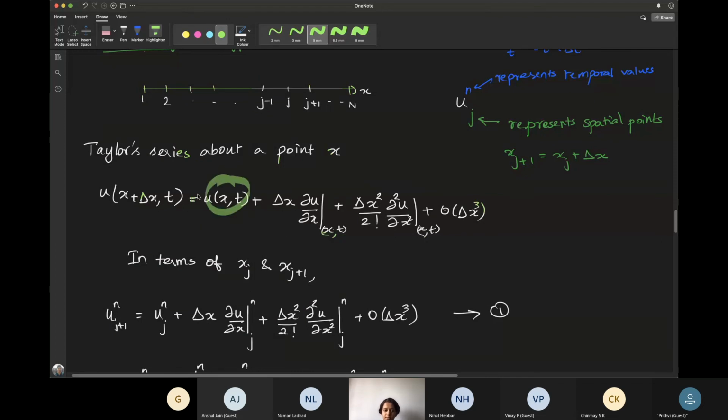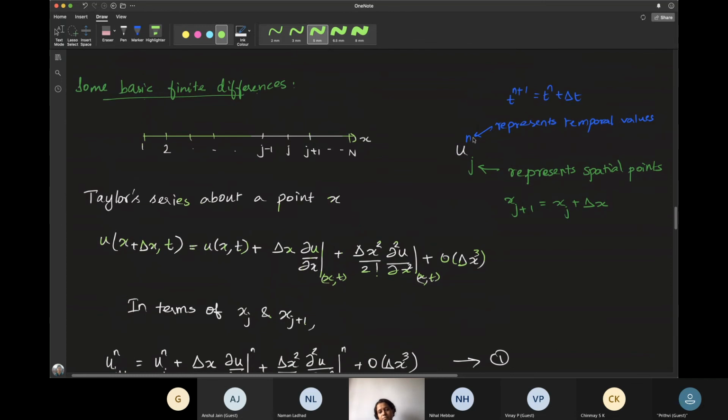This is your u at x comma t plus delta x, your derivative at x comma t, then your second derivative at x comma t, and it goes on. This is your standard Taylor series expansion, and each of these terms can be expressed as xj and xj plus 1.